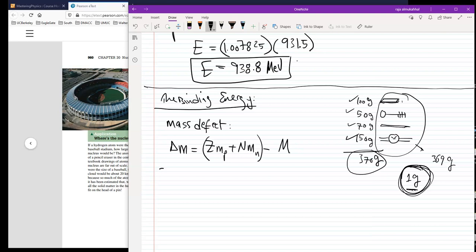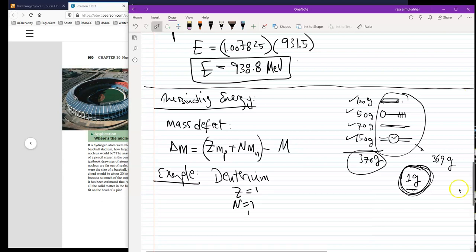Let me give you an example. Let's apply it to deuterium. So what's a deuterium? Deuterium is basically Z equals 1, N equals 1. I'll go back to it. I think I have it here.